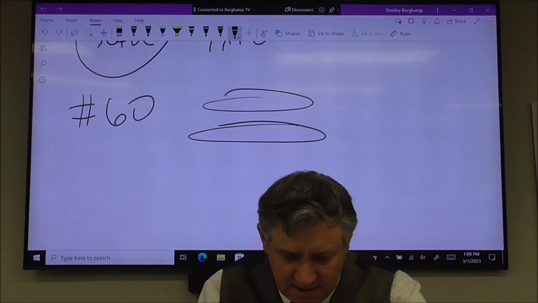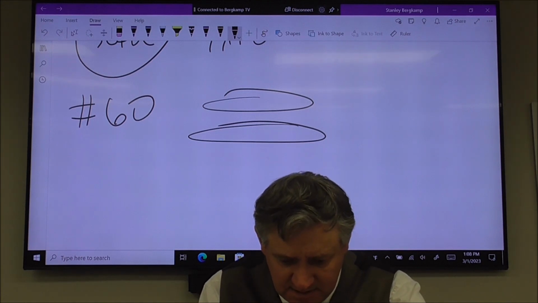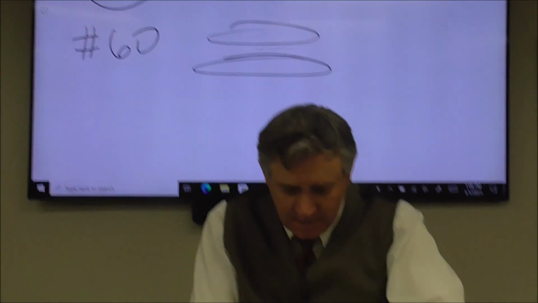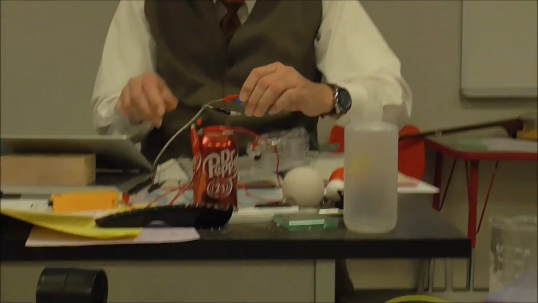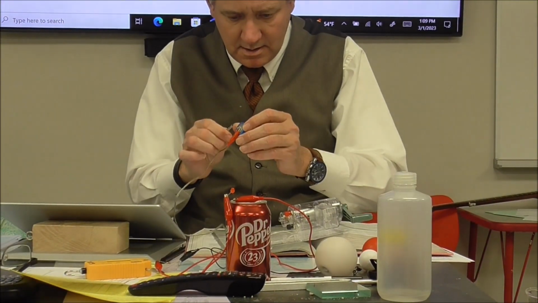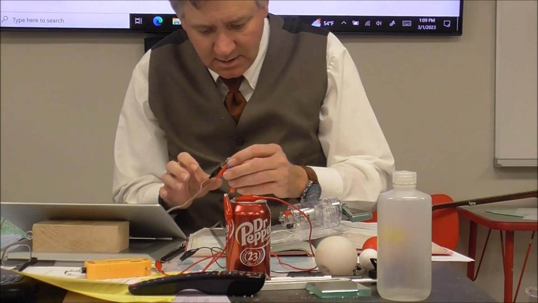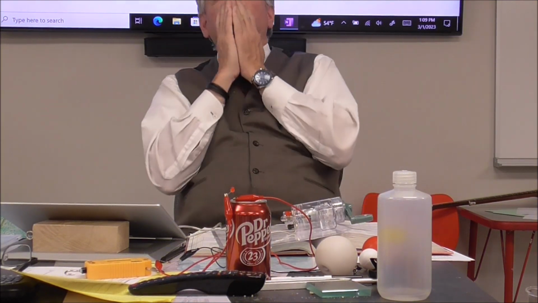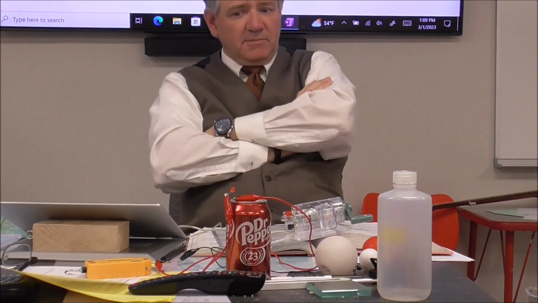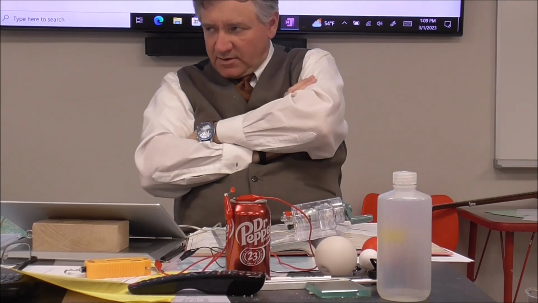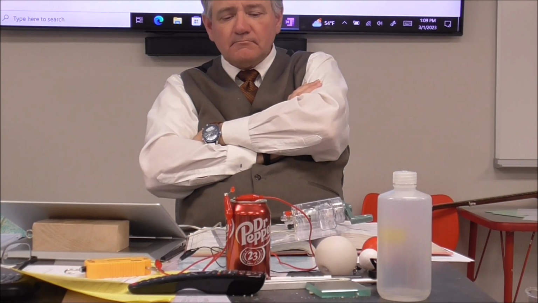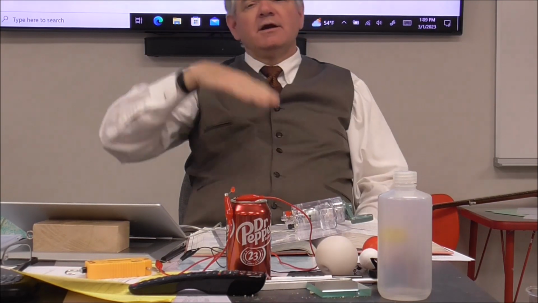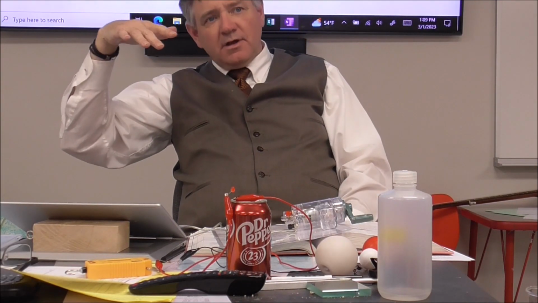So what I'm going to do next is disconnect this system and hook it up to a capacitor. The short version of capacitors is that they act like a dam on a river system, and they store energy.